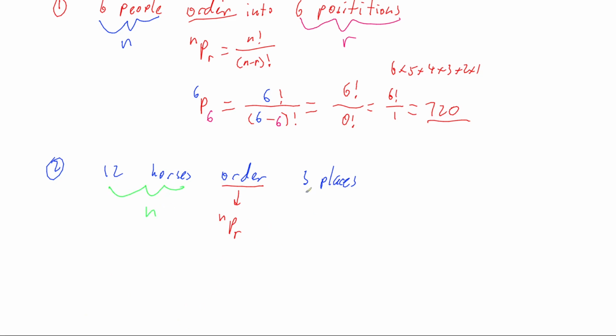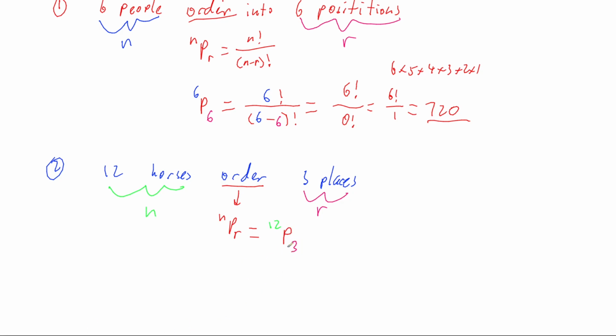And our places is r. So in this case, where we've got nPr, our n is going to be 12, and so we're going to have 12P, our r, which is the number of places, 3.